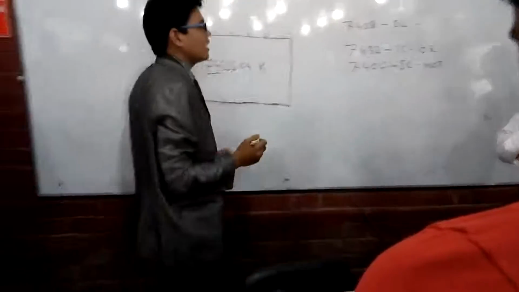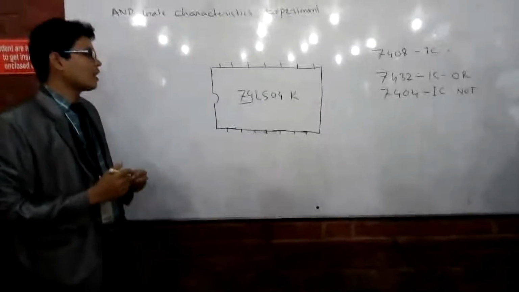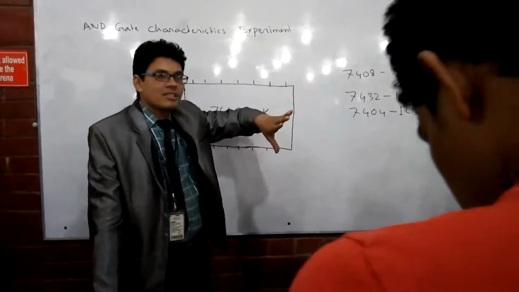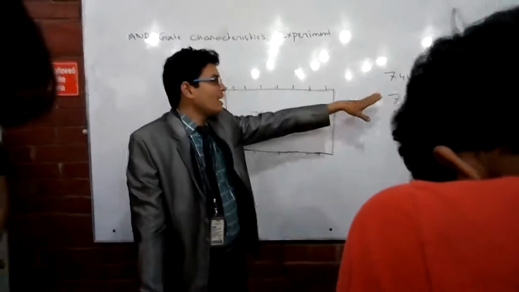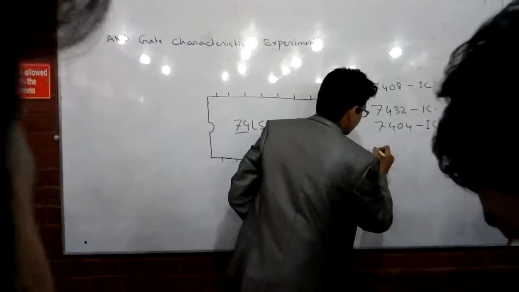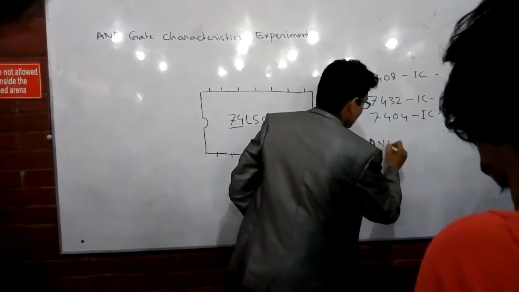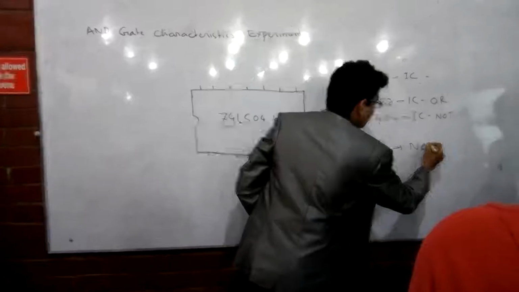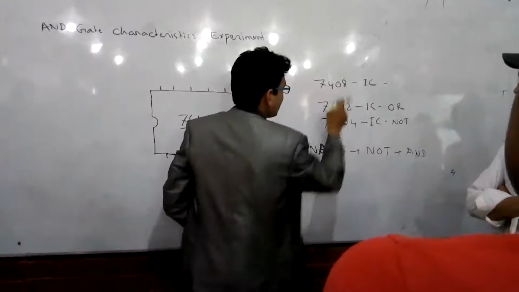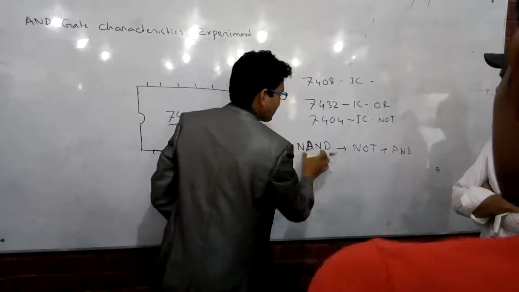So we will exactly learn about these 3 basic ICs, because this is a digital system. Think about NAND. NAND means NOT plus AND. If you combine this AND and NOT, you will find NAND.